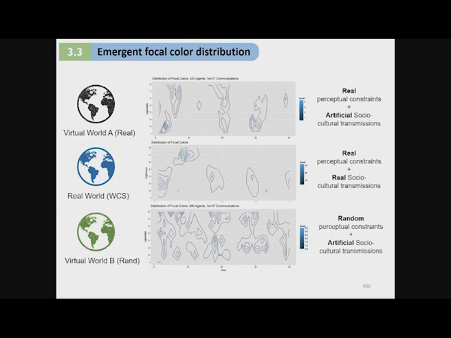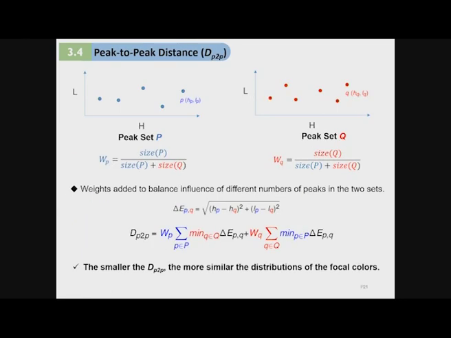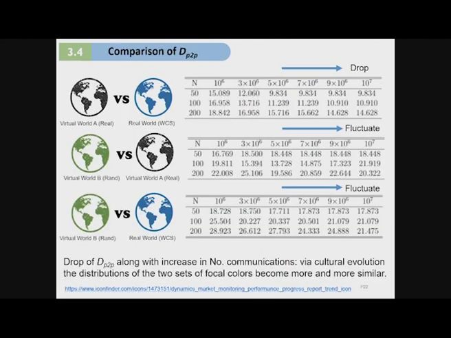We propose a quantitative measure called the peak-to-peak distance to give you a better idea about the similarity between different types of focal color distributions. And you can see that if you compare the real stimuli with the WCS, there's a steady drop of this DP2P. Well, if you compare the other cases, there's a kind of fluctuation.